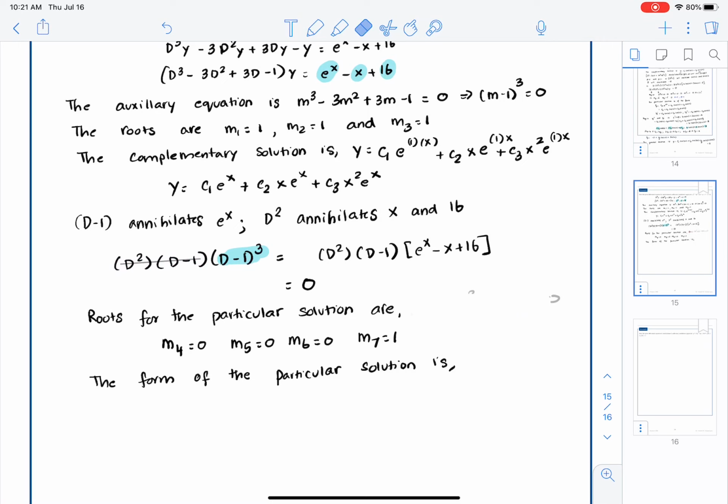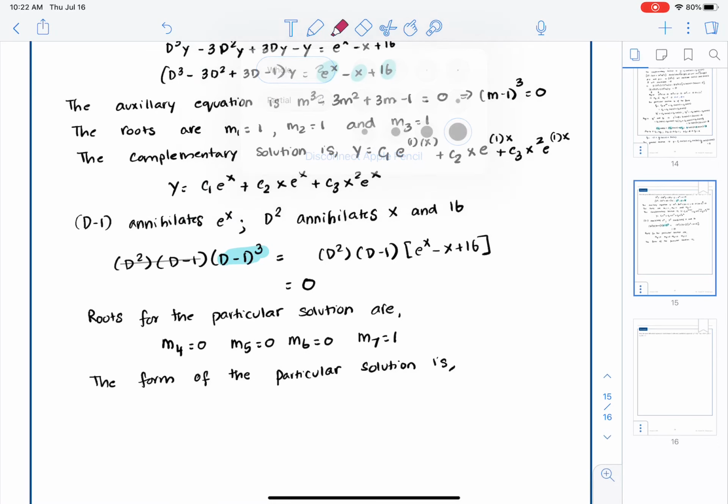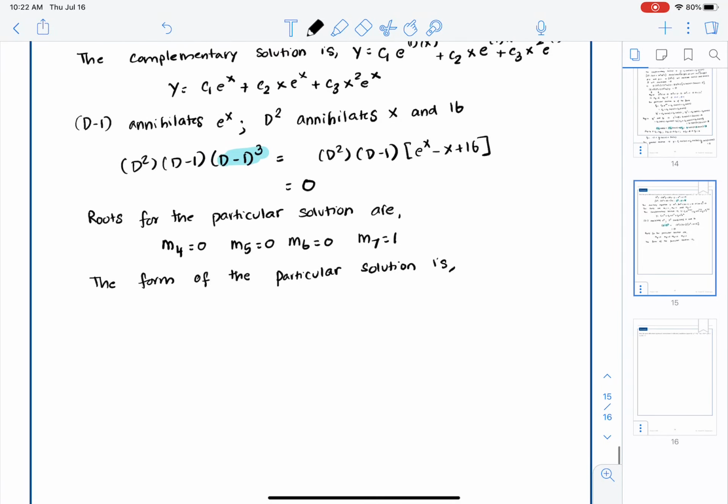So I would simply have d squared times d minus 1. So we don't need as many roots. So we would have d squared equals 0 and d minus 1 equals 0.